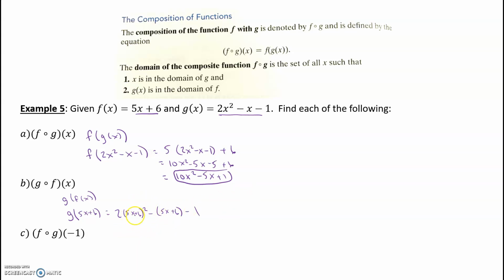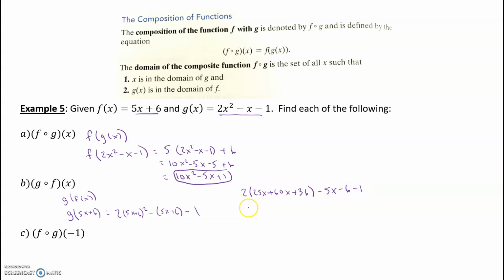So here we've got 5x plus 6 squared, which is 5x plus 6 times 5x plus 6. So you're going to have 25x squared plus 60x plus 36. And then minus 5x, we're going to distribute minus 6 and minus 1.